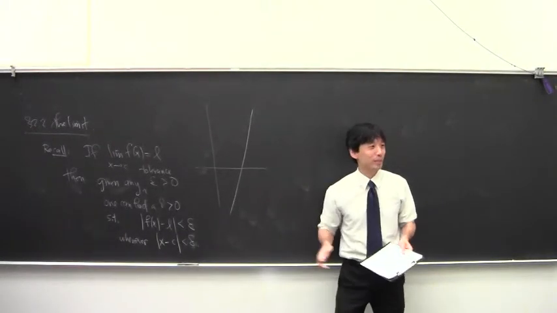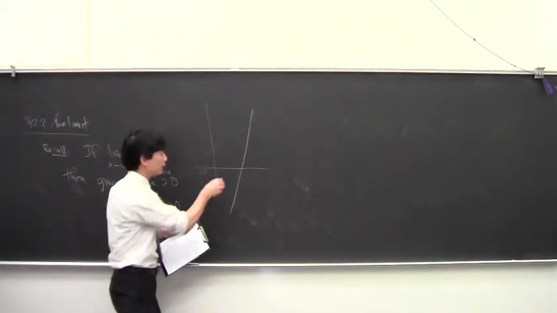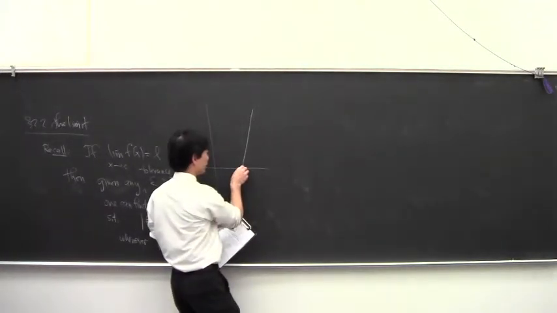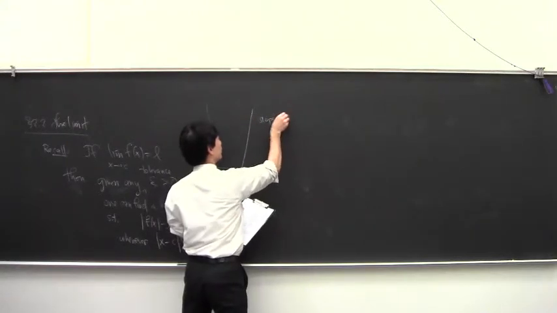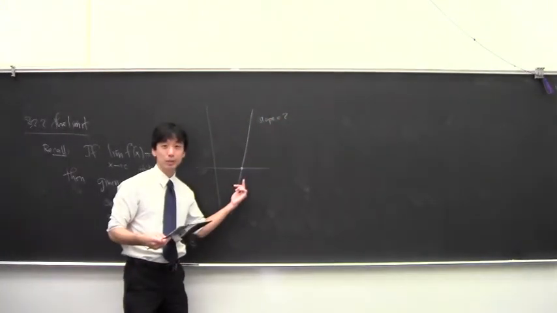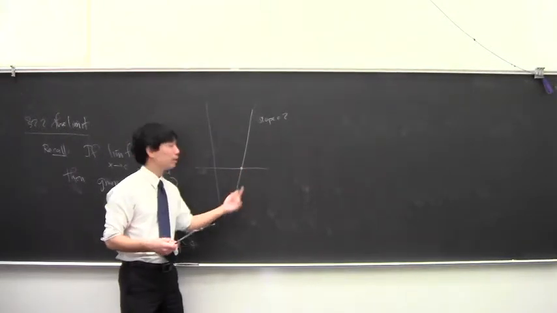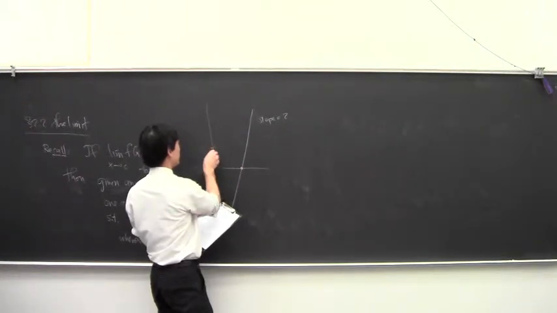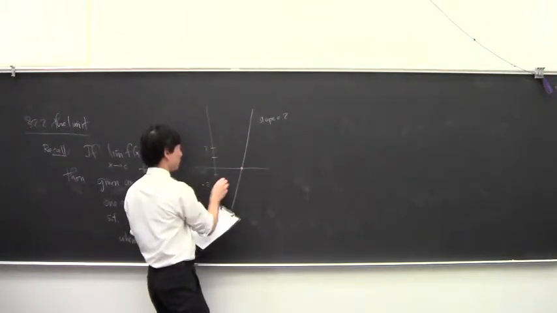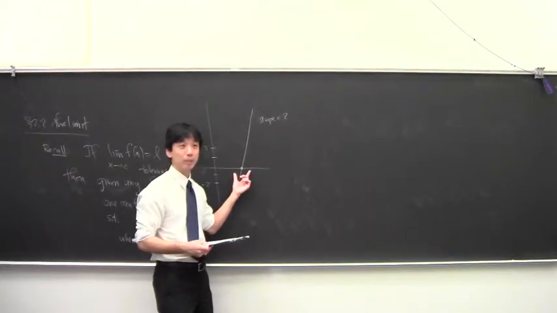Let me try and say it again. Here's the picture. Suppose this thing has slope 2. If somebody says, I'd like you to stay within 2 of 0, well, you can find a place where that happens.